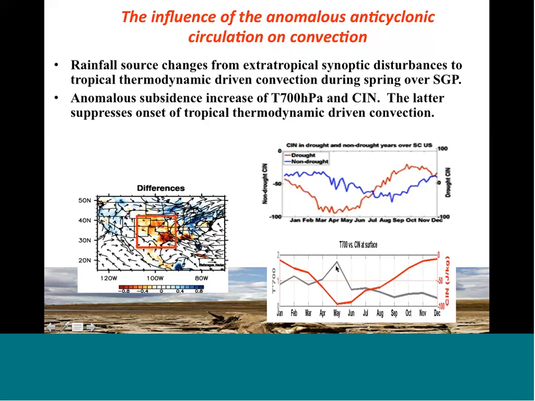Over southern Great Plains, spring is the transition of the main source of rainfall. This is a transition between extratropical synoptic disturbance generated rainfall in winter and early spring to thermodynamic driven convection during the late spring and the summer. So this increase of convective inhibition energy could basically suppress the onset of summer thermodynamic driven rainfall.